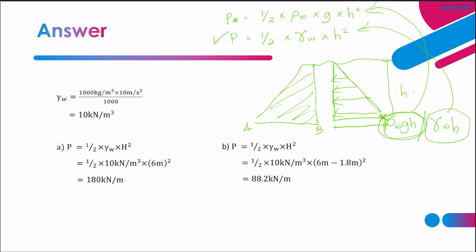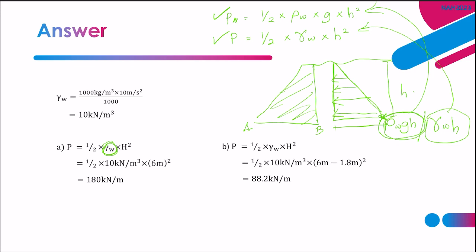But then, I have to change the value of density of water to unit weight of water instead, so that I can put it into this formula. But if you want to directly use this formula, that is also no problem, the same. So unit weight of water equals 1000 kg per meter cube.